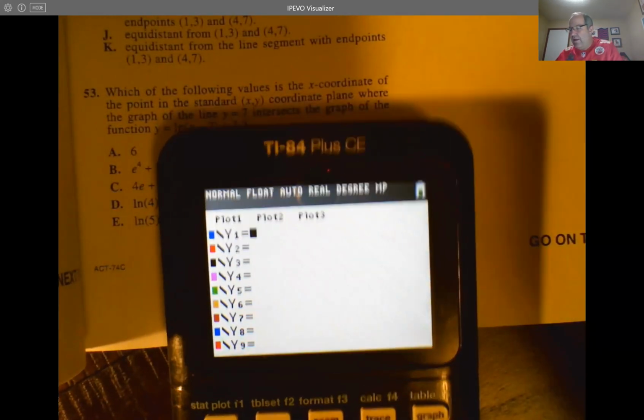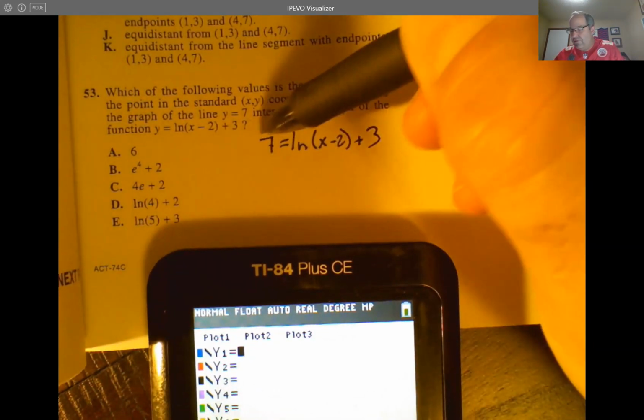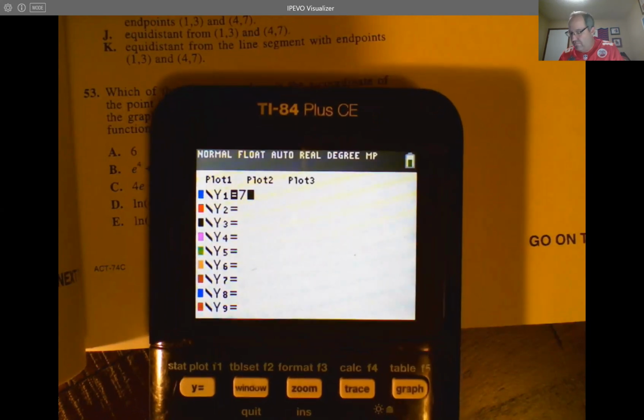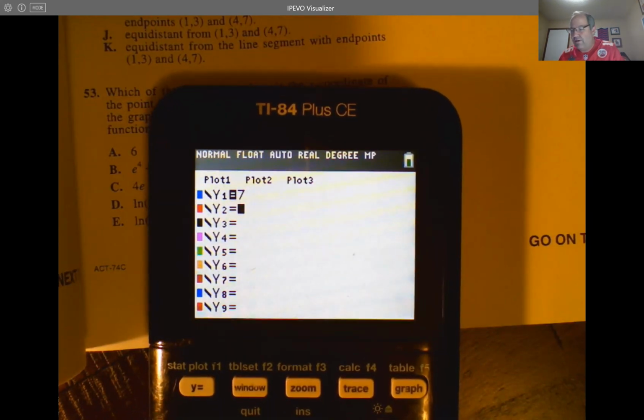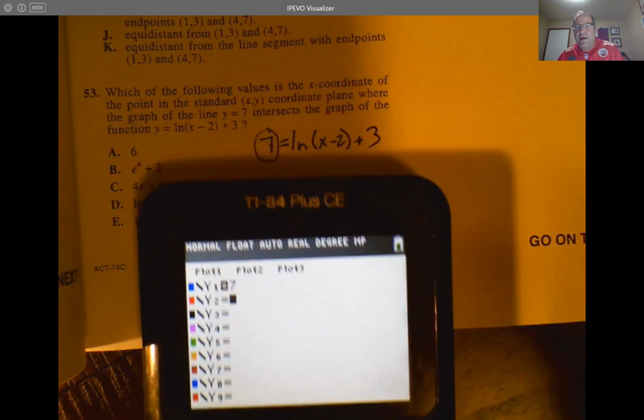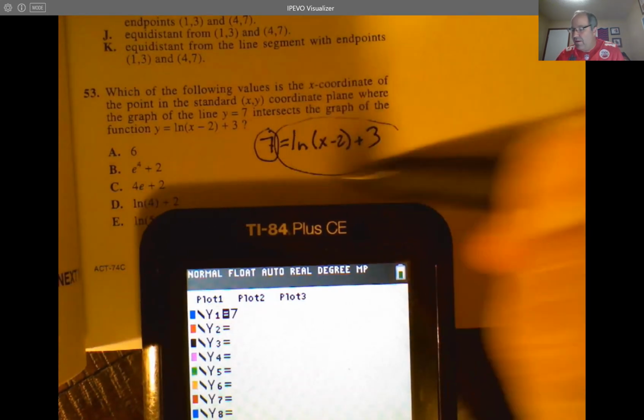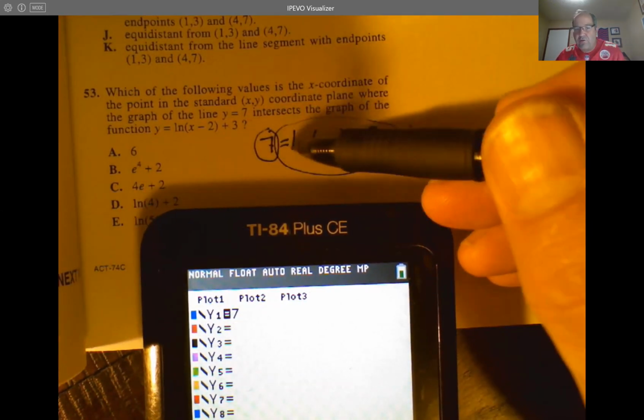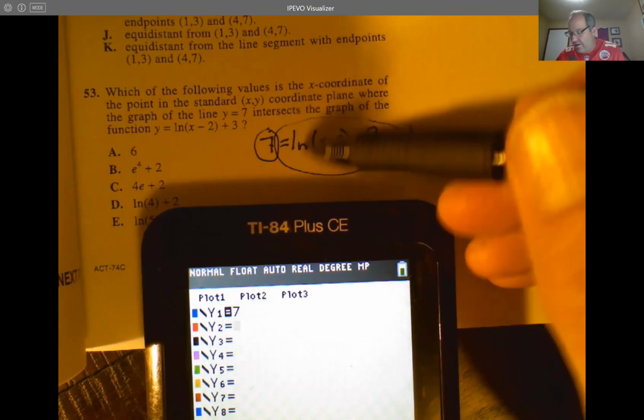And what we're going to do is we're going to go ahead and graph this left side, which is just a 7, right? So I'm just going to type in the number 7, and I press enter, or arrow down, it doesn't matter. And then I'm going to type this bit in. Now, natural log, right? That's what these two letters stand for, the natural log.